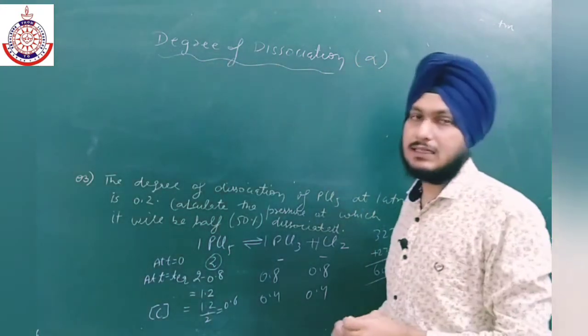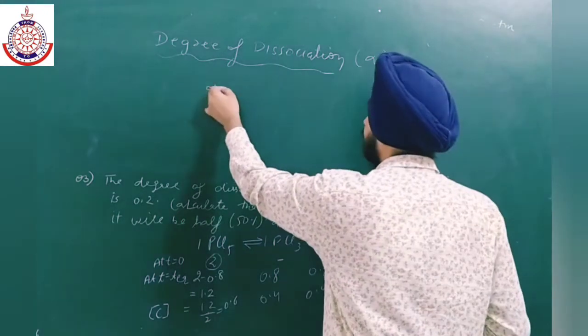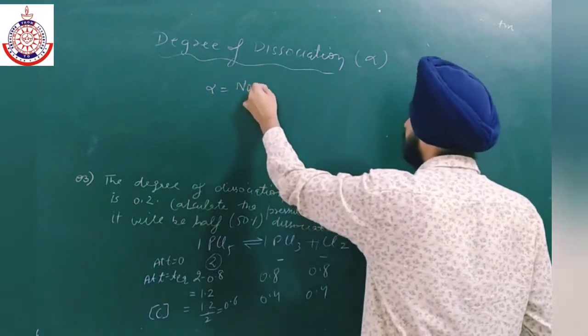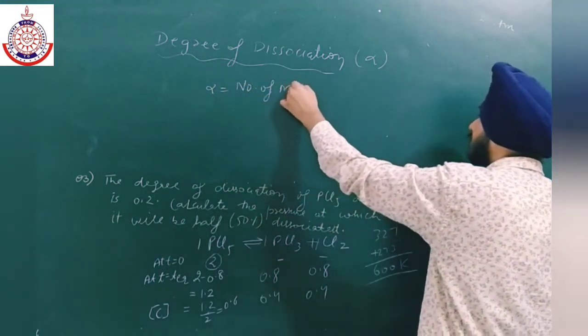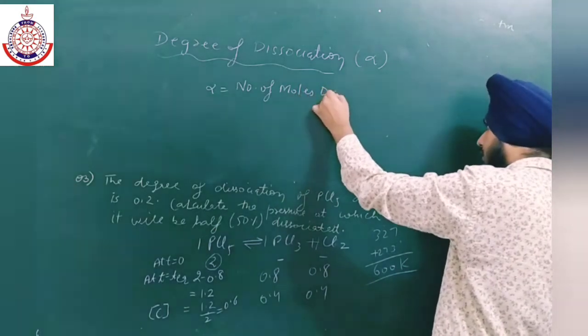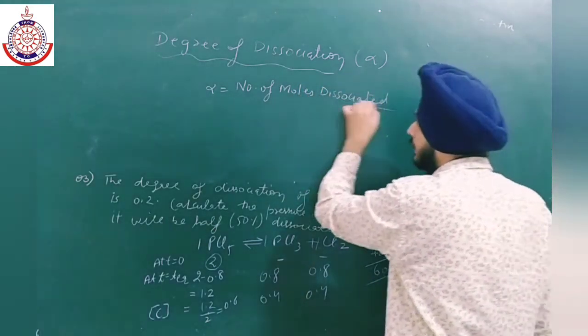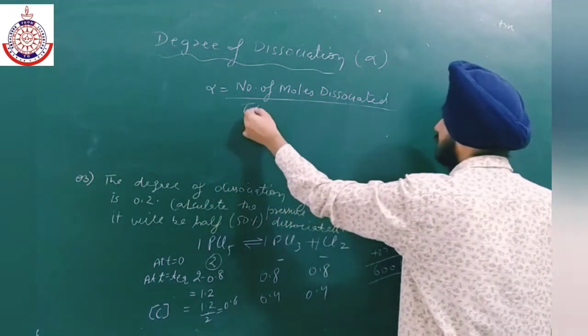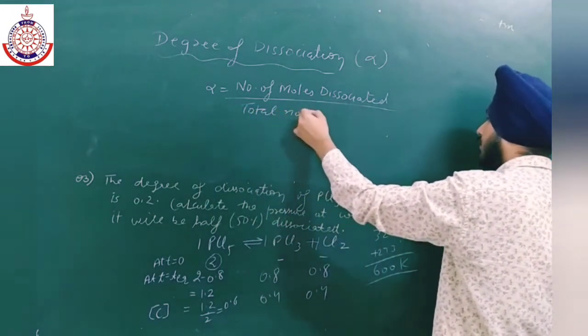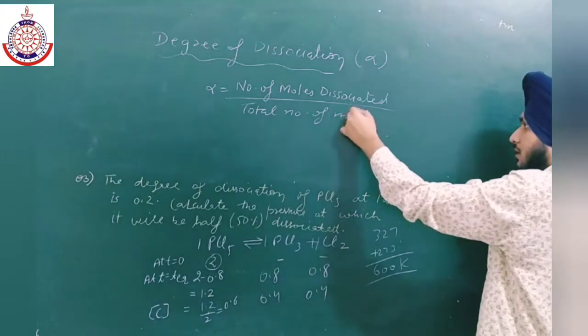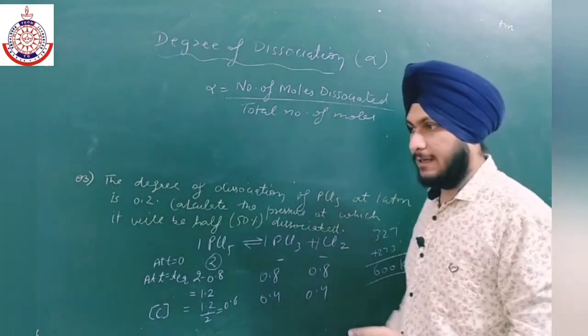So alpha is the number of moles dissociated divided by the total number of moles.